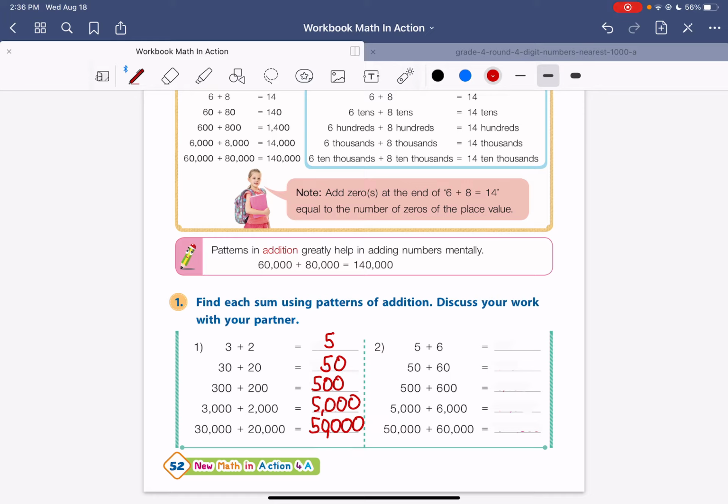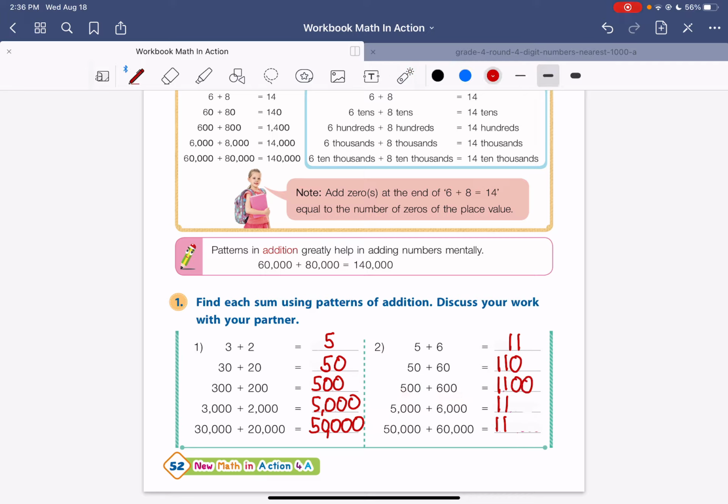So let's take a look. 5 plus 6 equals 11. Each one of these is going to be 11. How many zeros do we have here? 1 and 1, so we're only going to write 1 zero. Here, 500 and 600, we have 2 and 2, so we're going to write 2 zeros.